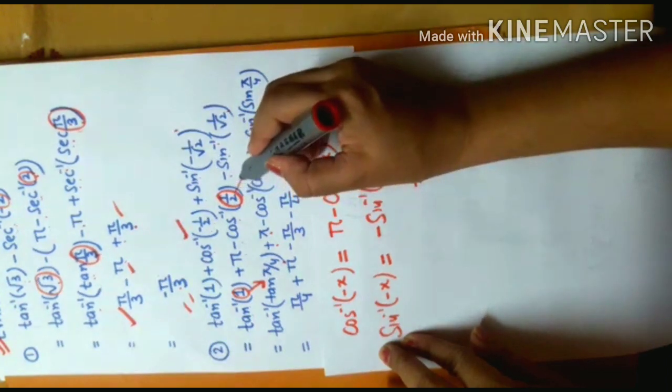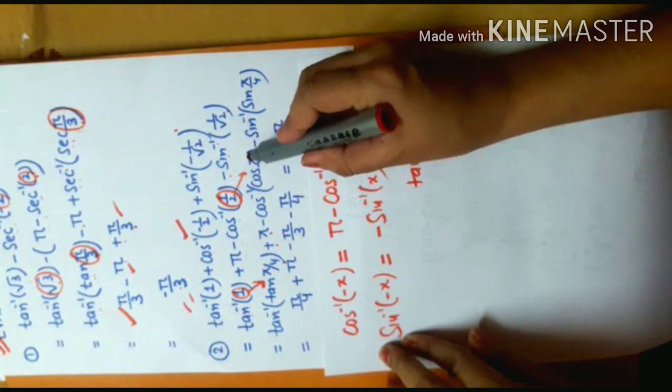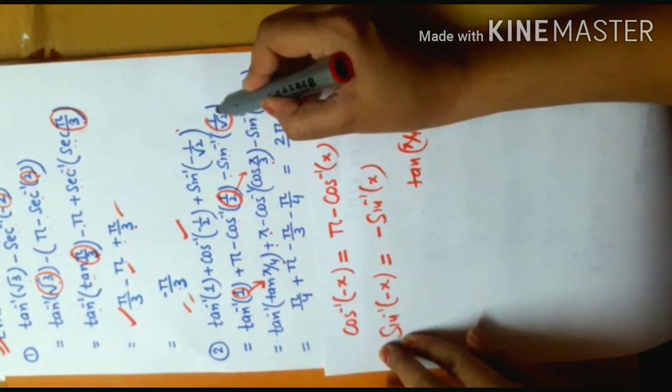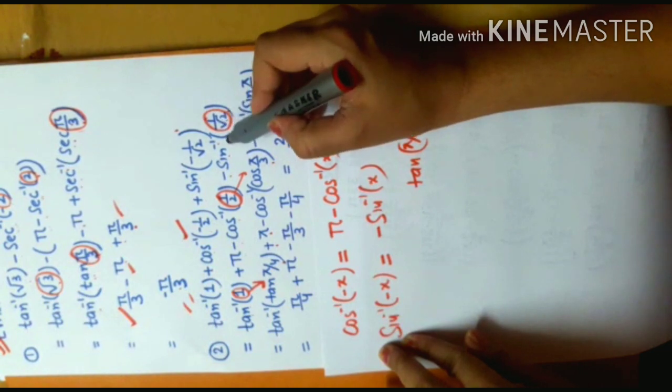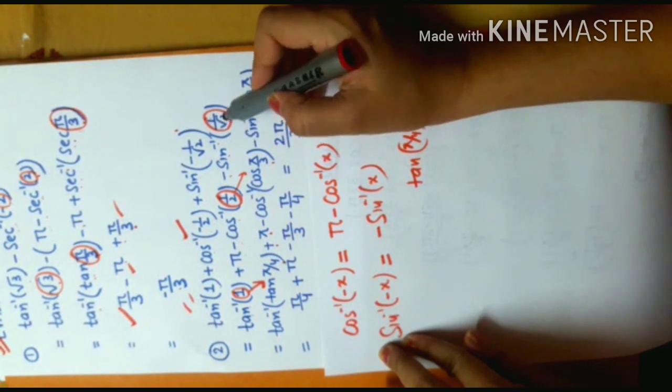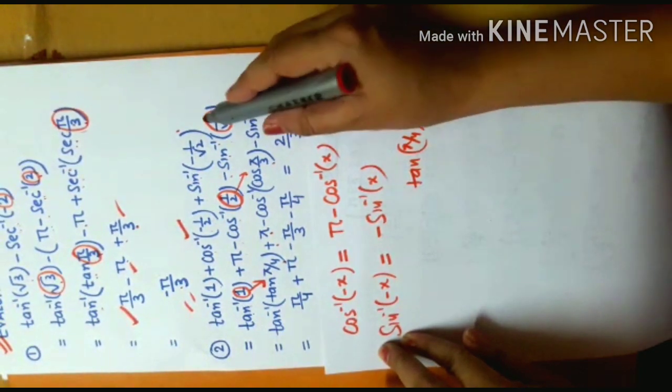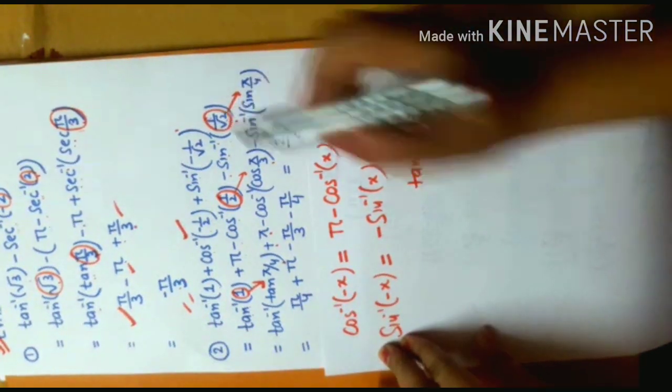So I replace this 1 by 2 with cos pi by 3. And here think of the angle whose sine is 1 by root 2, and we know that sine pi by 4 is equal to 1 by root 2.